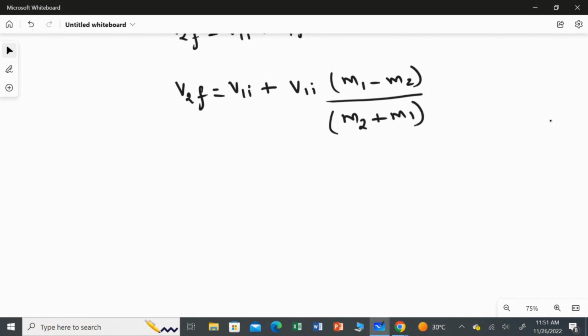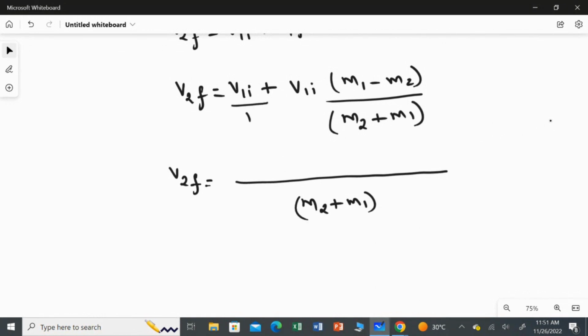Okay. So therefore, V2 final is equal to, I'm going to take m2 plus m1 as a common term. So what will happen here? We don't have anything, because we have to take this value to the top. So therefore, V1 initial multiplied by m2 plus m1, and this term we don't need.